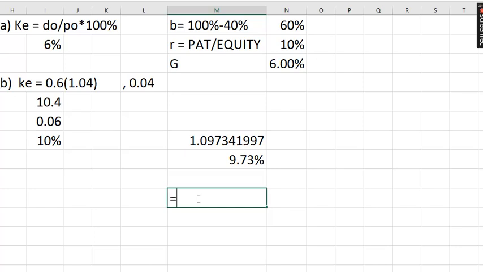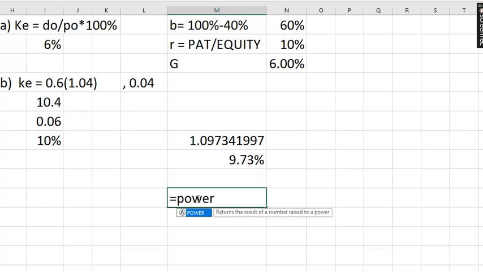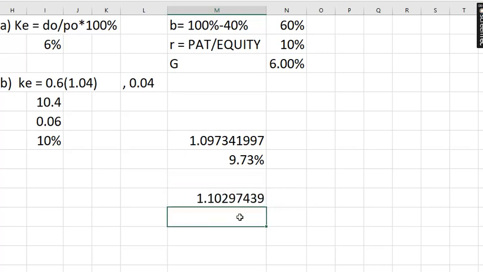So is equal to power 1.48 over 1, comma 1 over 4. Then you subtract 1.